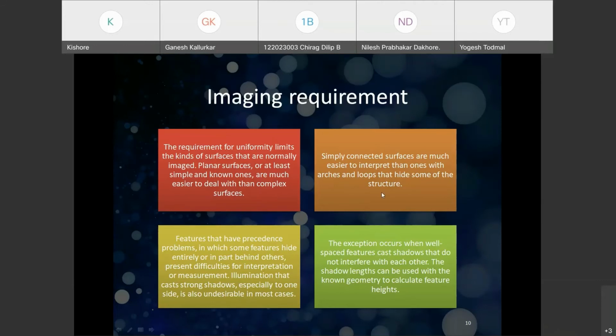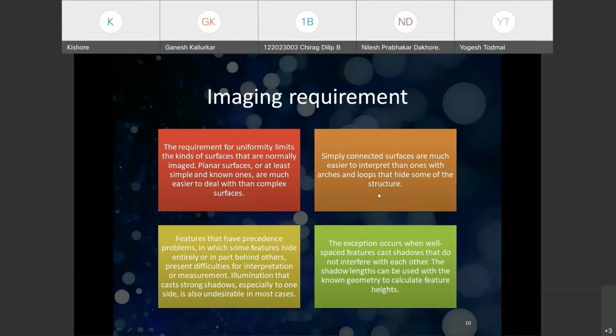Whatever features lie in that plane of focus are very visible, and the clarity of the features is very good to make an interpretation. But let's say the topology or the surface of the component is not plane, but has some waviness, and that waviness is quite large.